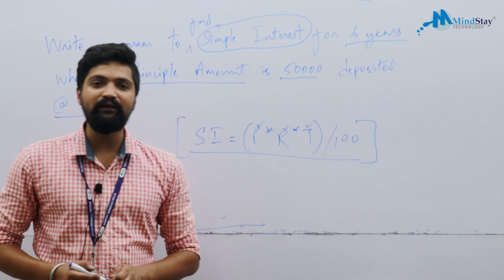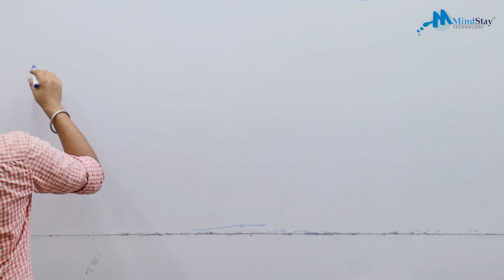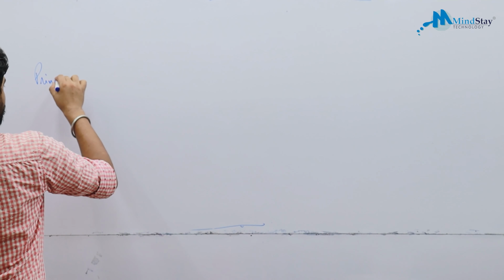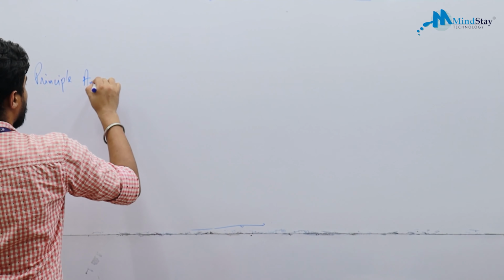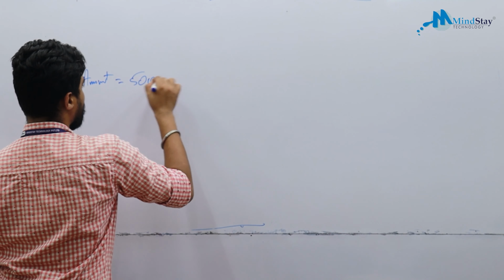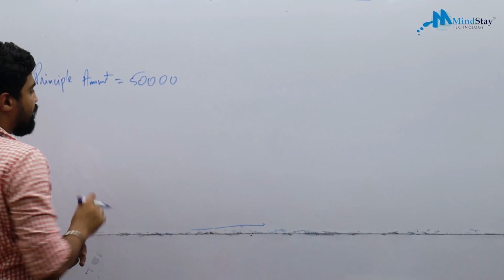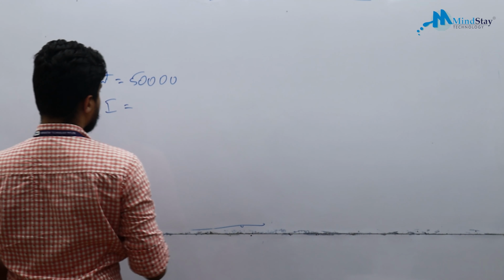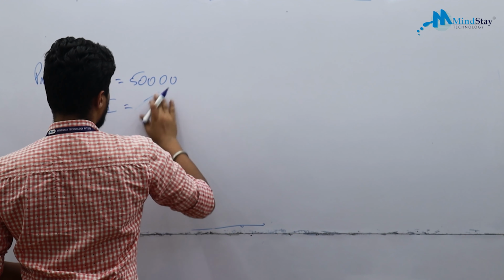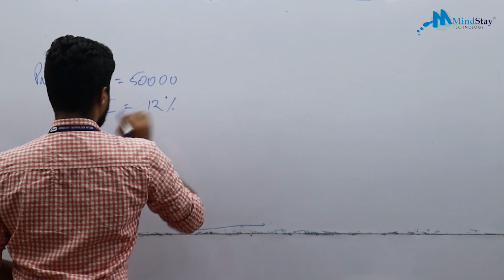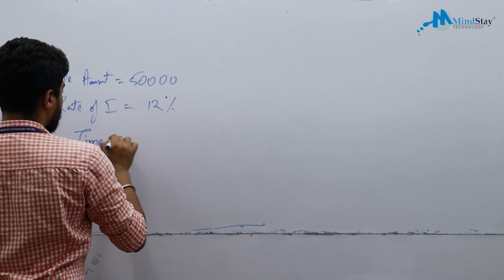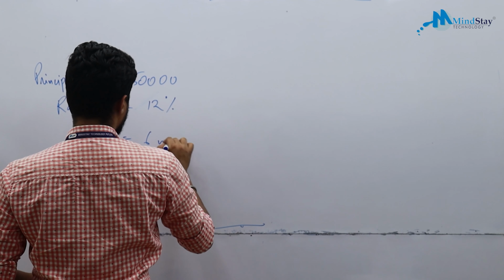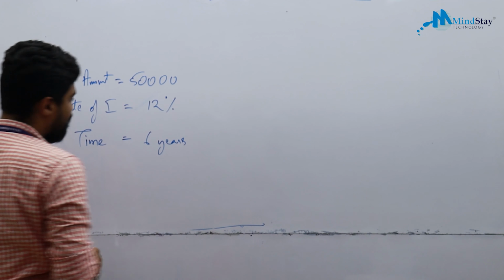So let us quickly solve this question. Let us analyze what details we have. We have principal amount, that is 50,000. We have rate of interest, that is 12%, and we have time in years, that is 6 years.